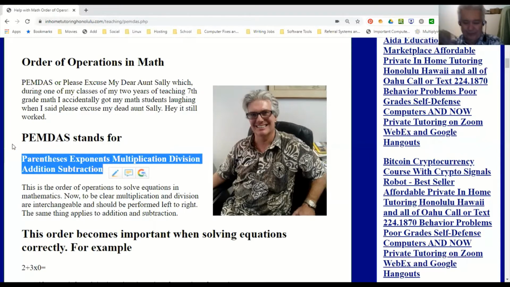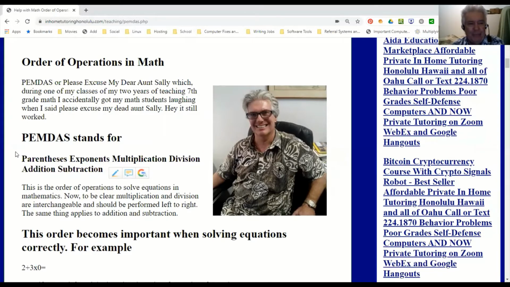Now, multiplication and division are interchangeable, so just do those from left to right. And the same thing with addition and subtraction. It doesn't have to go addition and then subtraction. It's interchangeable. Just go left to right on the equation.